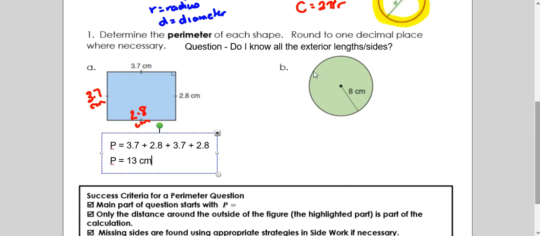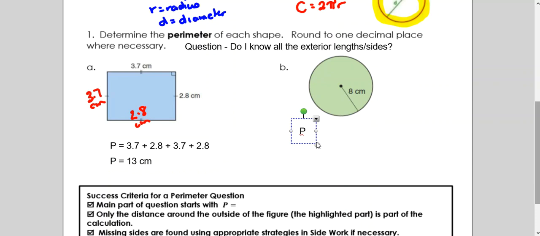Now, here's my circle. We know the perimeter of a circle is, and I'm going to have to use my stylus for this, pi times d. So in this case, my radius is 8 centimeters. That means it's got to be 16 centimeters through the middle to the sides.